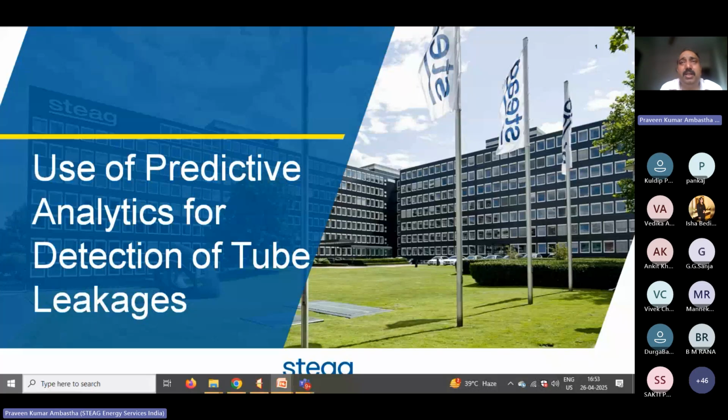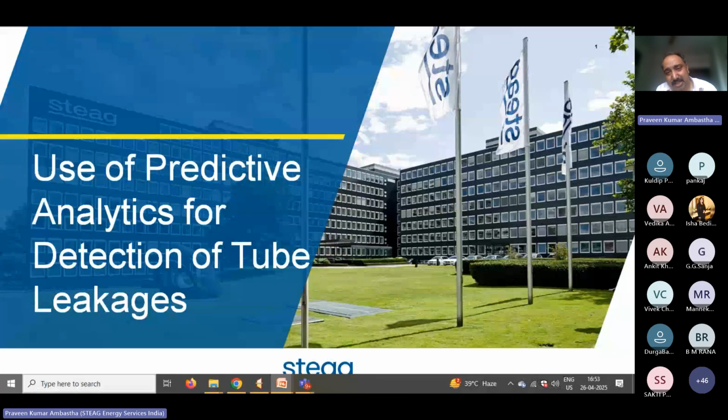So yes, in STIAG also we have different modules. Of course, many companies claim that they have a digital twin, an AI ML model, and predictive analysis, but our product is very mature. We have had continuous development for the last 20 years in Schwingenberg and Essen in Germany.